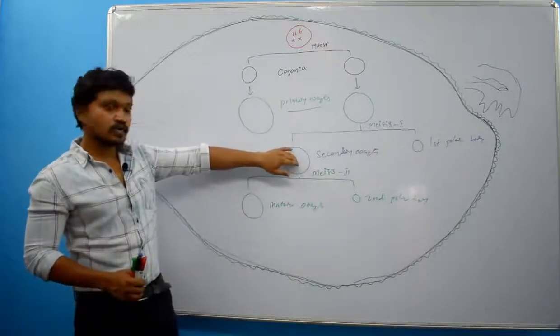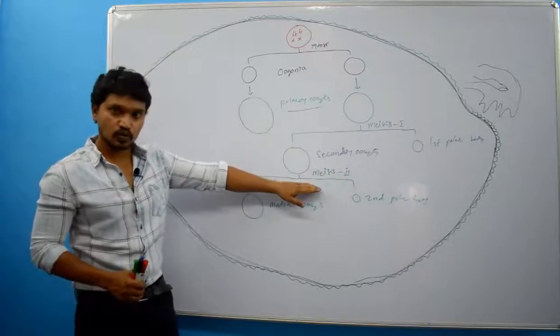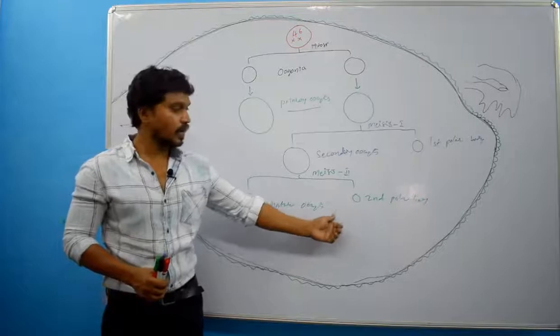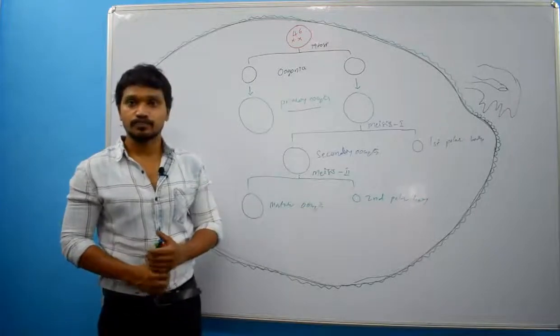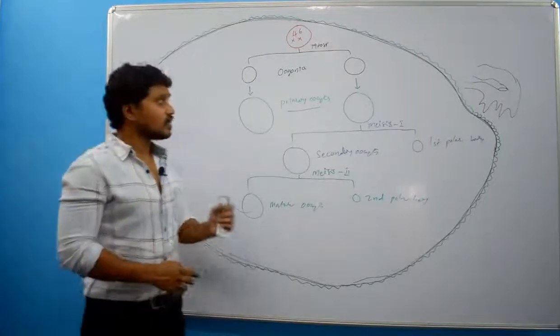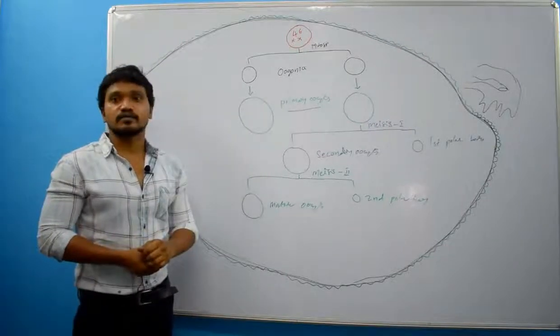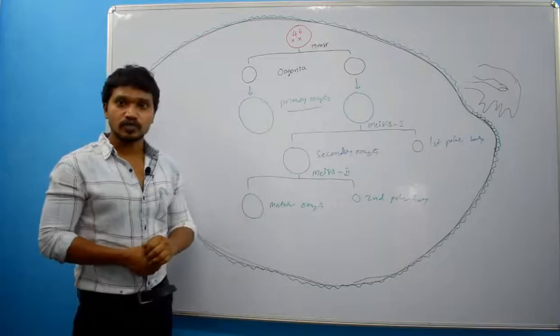And the secondary oocyte undergoes meiosis II and produces mature oocyte or mature ovum and second polar body. Right? Now, we will see a detailed description of oogenesis.